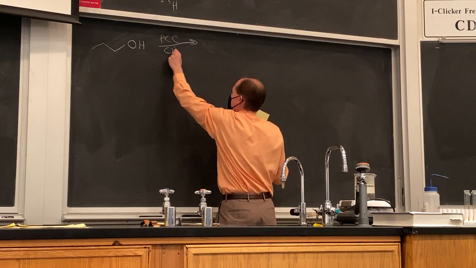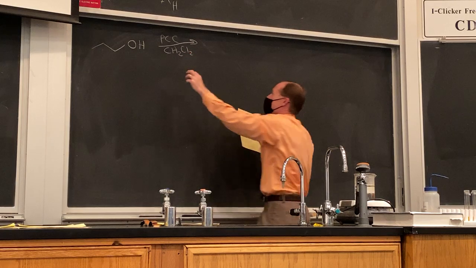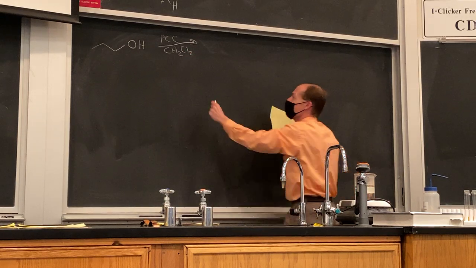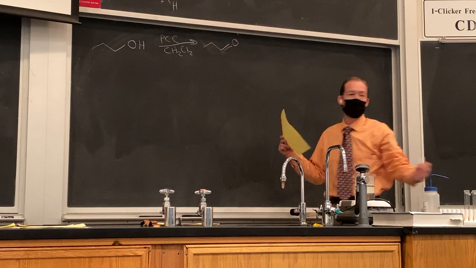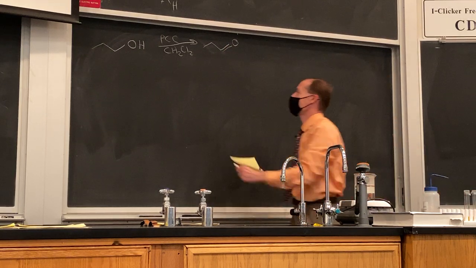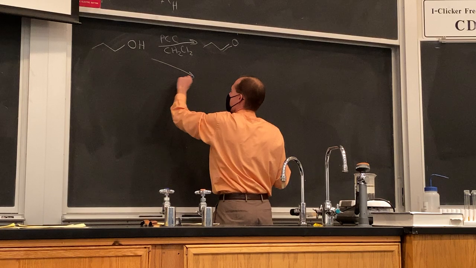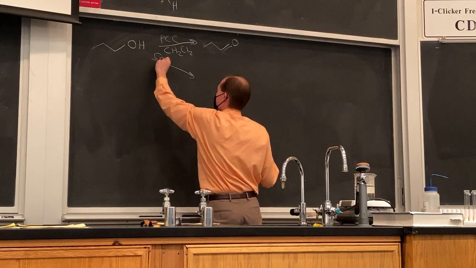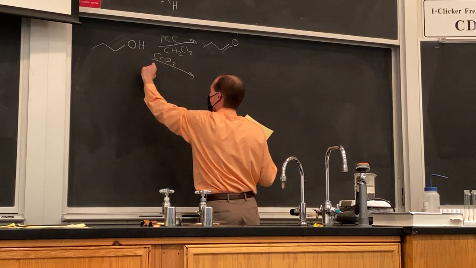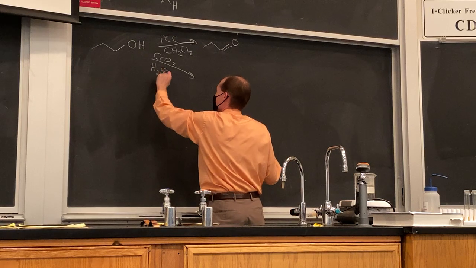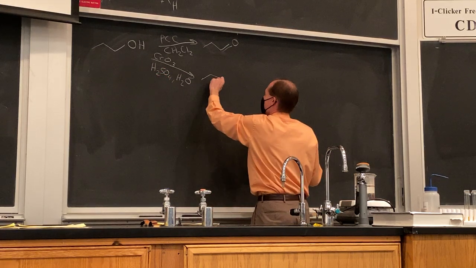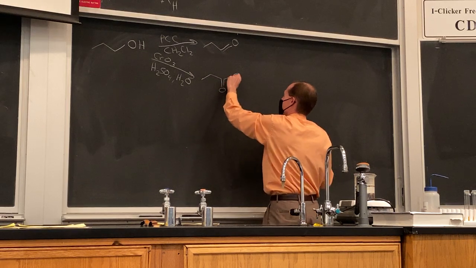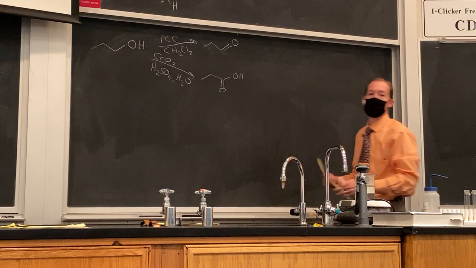If we use PCC with dichloromethane as our solvent, we're going to obtain an aldehyde product. But if we use any of our water-soluble reagents, let's just use chromium trioxide, sulfuric acid, and water, we're going to obtain a carboxylic acid. Okay?